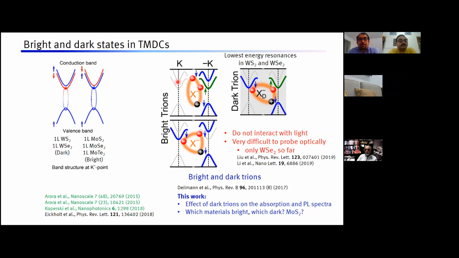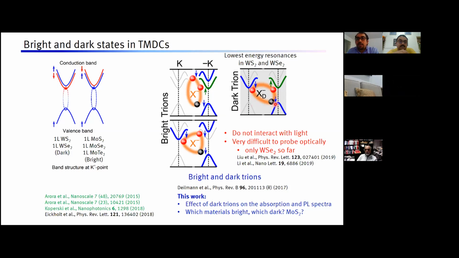So this makes one bright trion, and when you put the other electron here, this makes the other bright trion. In fact, you are also allowed to put this electron in this higher band here. But in that case, it's found that this trion is not so bound. The binding energy is really low, so we are not expecting to see it. Therefore, we only see these two bright trions.